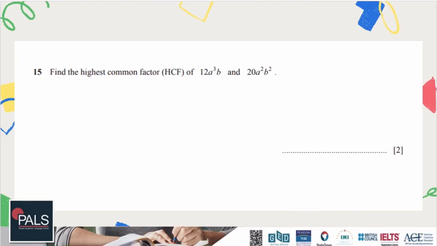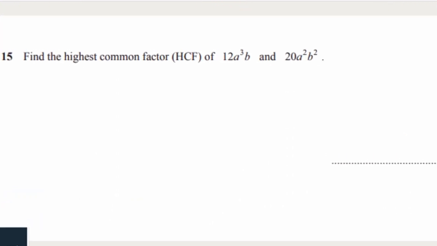Number 15. Find the highest common factor of 12a cubed b and 20a squared b squared. So this is the highest common factor, and the lowest common multiple is another one. They have many ways to do it. I will do it like this. You can use factors or short division. So 12a cubed b and 20a squared b squared.